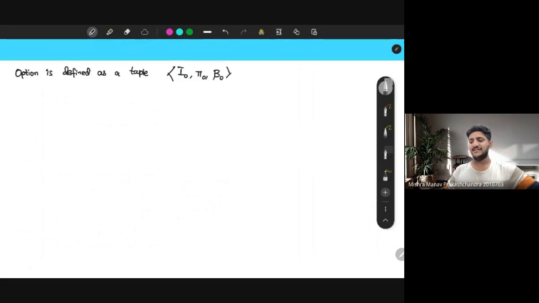An option is defined by these three parameters. By option, we mean a macro action. Whenever I say option, it's a macro level action, so whenever I'm defining an option, it's the action that I'm defining.